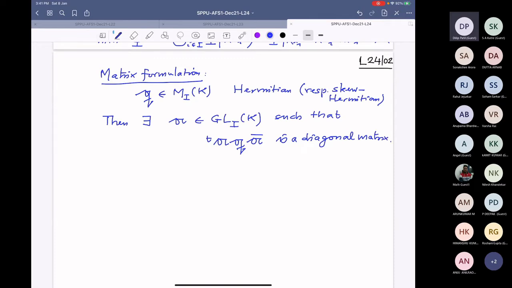Such a thing you do when you prove Jordan form also. Jordan form normally you would have proved, I suppose, for field equal to complex numbers. Am I right, Ishan? No, so I did it for algebraically closed fields, not necessarily complex numbers.